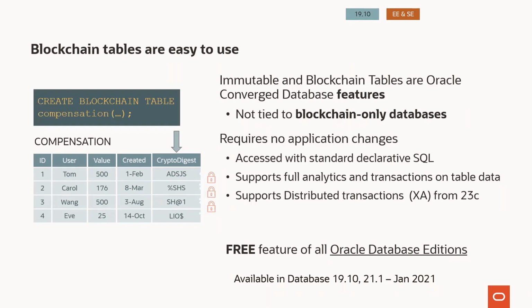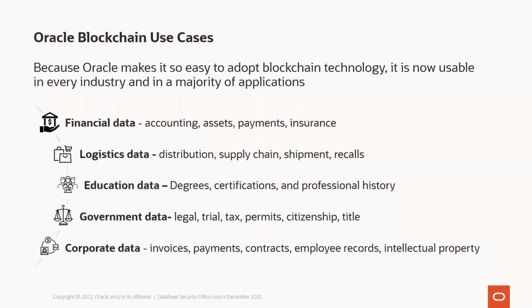So let's take a look at some use cases of blockchain. I think we hear about blockchain all the time, primarily in terms of cryptocurrency, but there are some use cases when it comes to assets or financial accounting, or degrees or certifications in the education world. Maybe legal documents, where you've got a chain of custody type of operation. Corporate data, right? The compensation example that I've talked about.